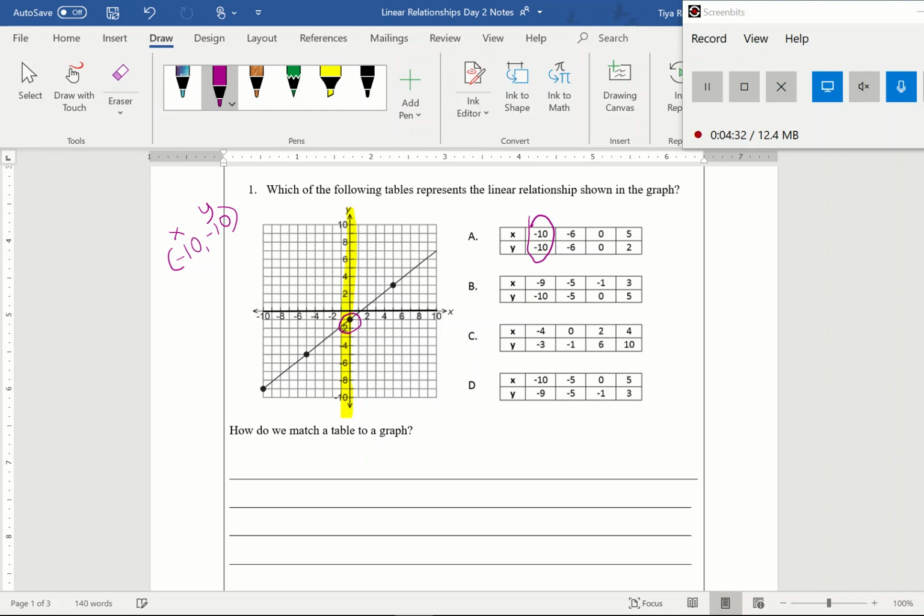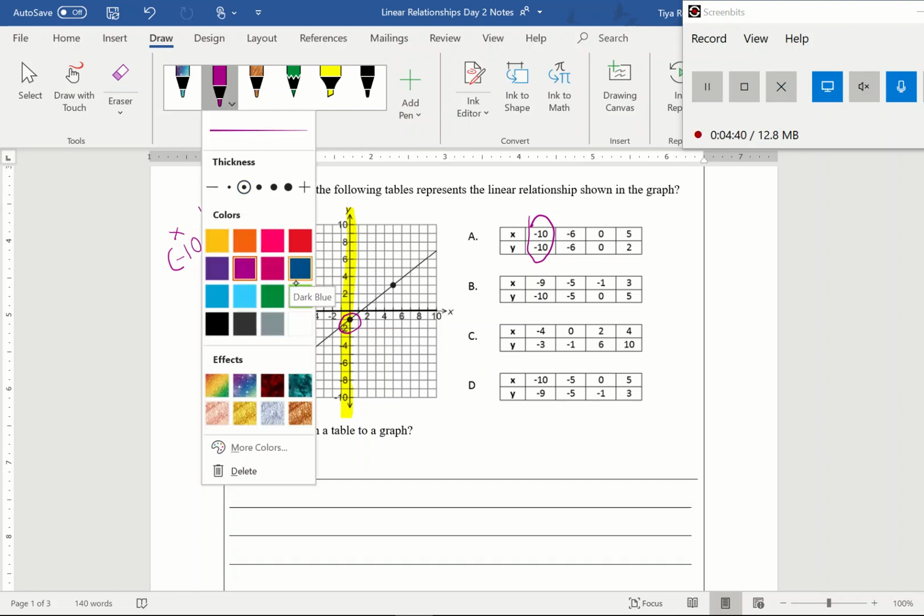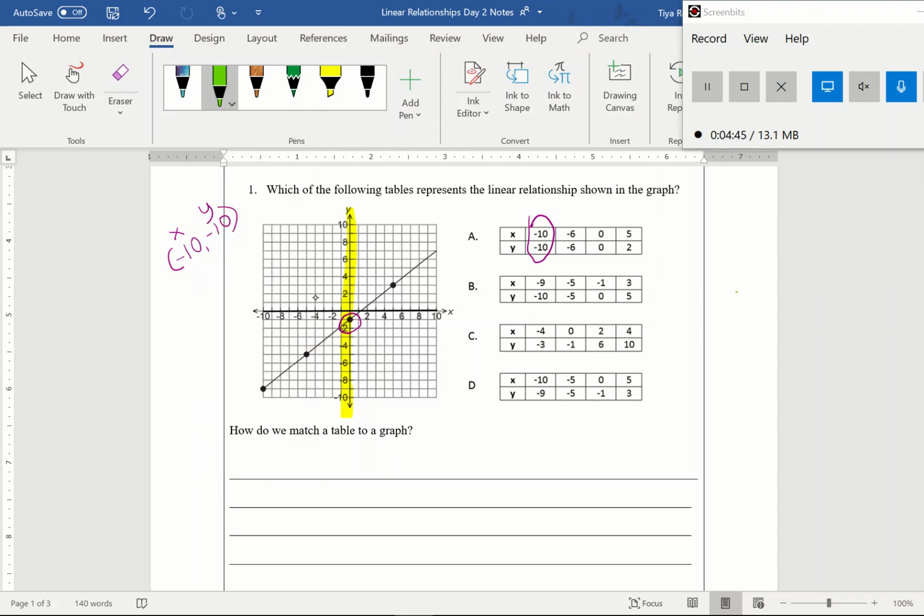So you start at 0 and you go -10, and then from there you go down -10. Is that point on our line? It's really close, but it's not quite. So A cannot be our answer.